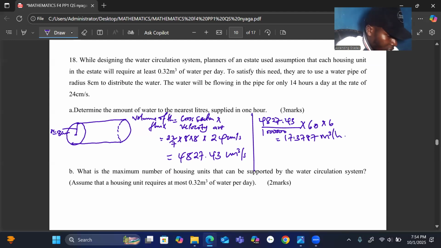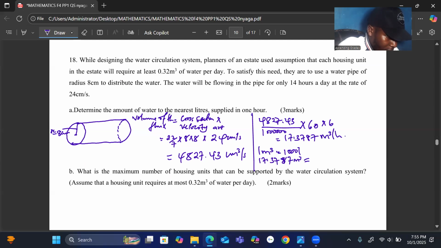Then we know that 1 cubic meter is equal to 1,000 liters. What about now the 17.3787 cubic meters?